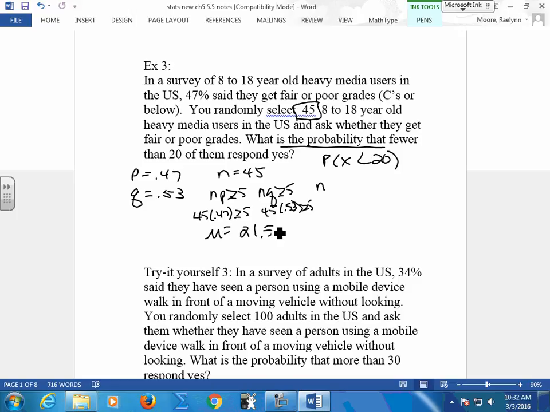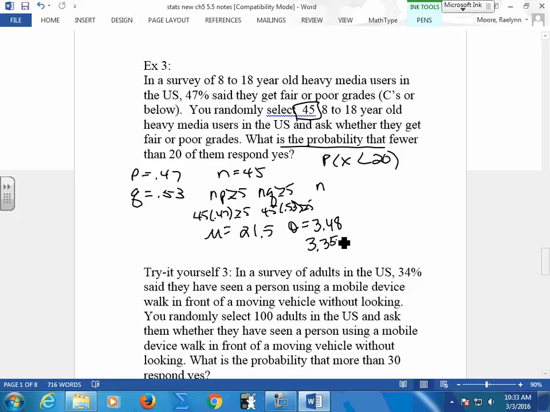What does your book say? 3.348. Okay, thanks. So make it 3.35. Is that good? All right.